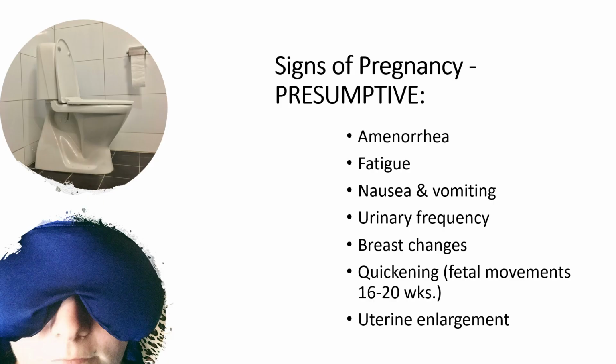She may experience fatigue, because when you're pregnant and you are growing a fetus inside of you, another human being, it takes a lot of energy. It sucks a lot of energy out of you. So that patient may experience a lot of fatigue. In addition, in pregnancy, she may also experience nausea and vomiting, increased urinary frequency, and changes in her breasts. She may feel sore, and so forth.